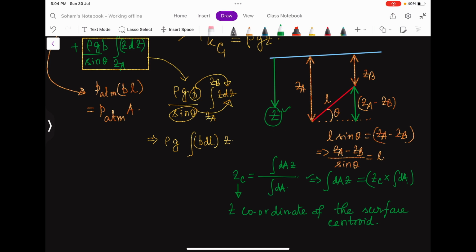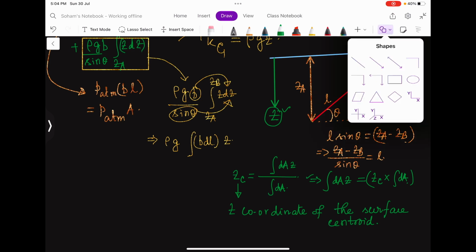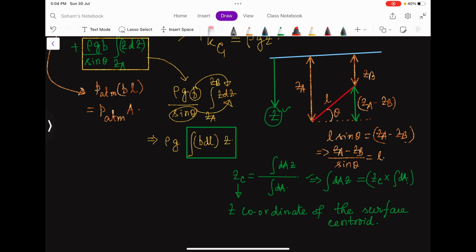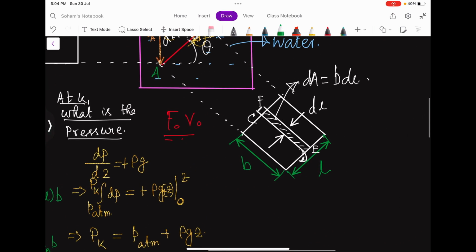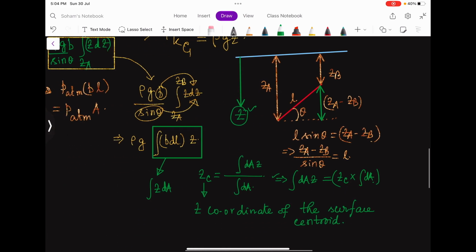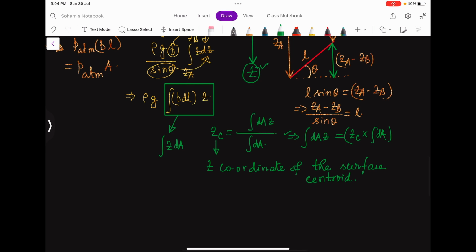This quantity here is nothing but z into dA, because dA is nothing but b into dl. We can write this as zc into integral dA, and that directly is zc into area.